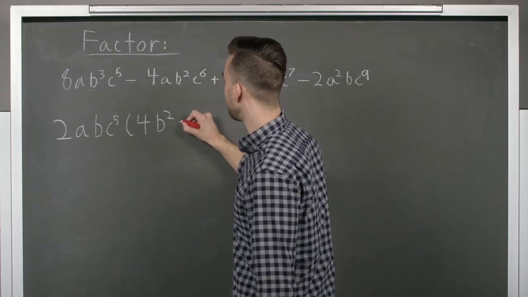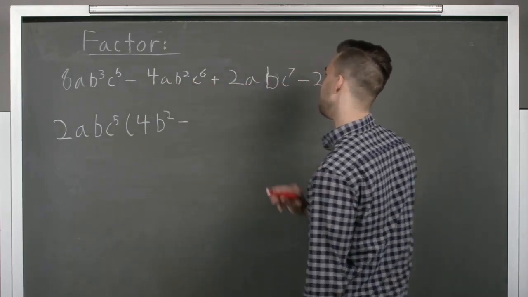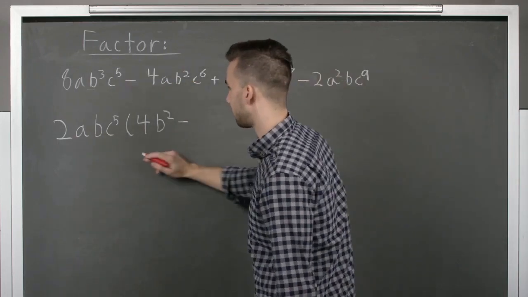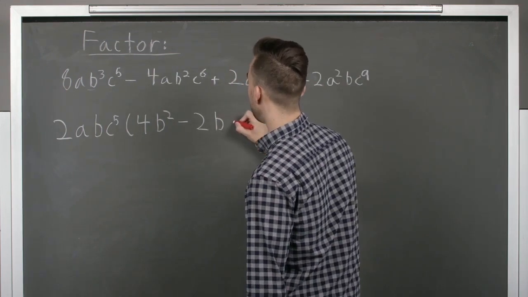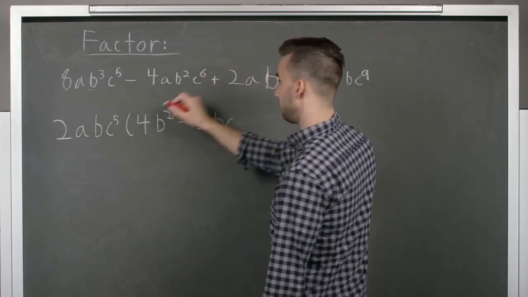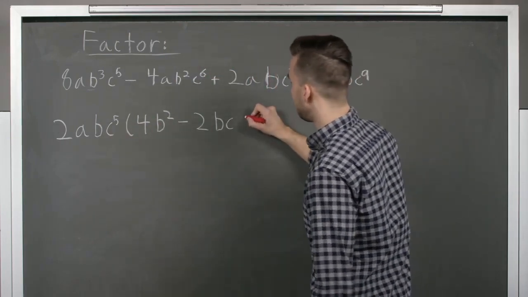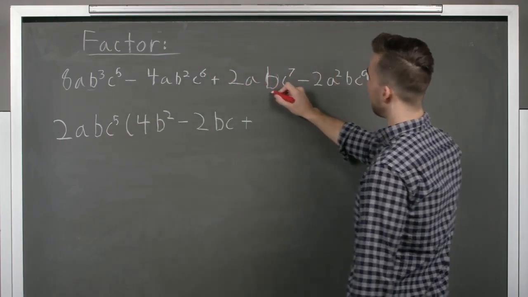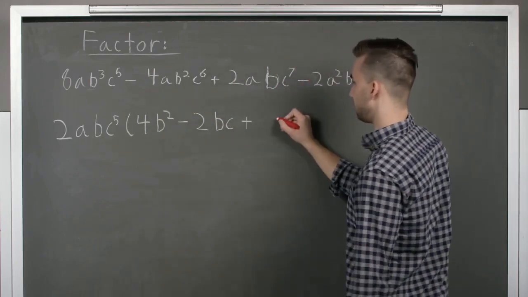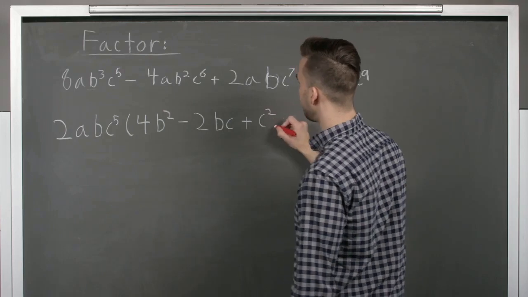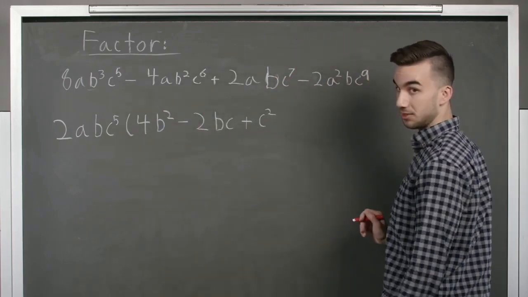So let's do our next term now. 4ab squared c to the power of 6 divided by our common factor gives us 2b c to the power of 1, right? And then our next term is plus 2ab, and that actually gives us just c squared, right? Because if you divided this by our common factor, it'd just give you c squared.